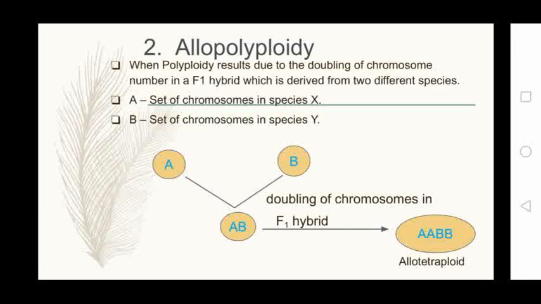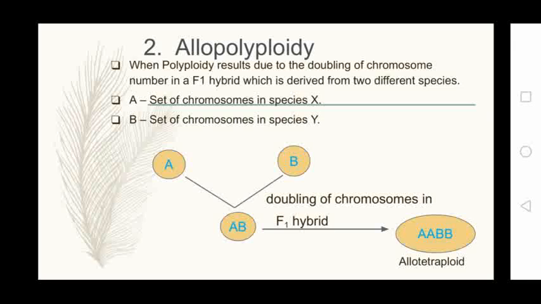The set of chromosomes in species X is represented as capital A, and the set of chromosomes in species Y is represented as capital B. Then the F1 hybrid will have a combination of chromosomes from these 2 parents. So the F1 will have a hybrid chromosomal set having capital A and capital B, and the doubling of chromosomes in the F1 hybrid results in an allotetraploid, that is capital A, capital A, capital B, capital B.